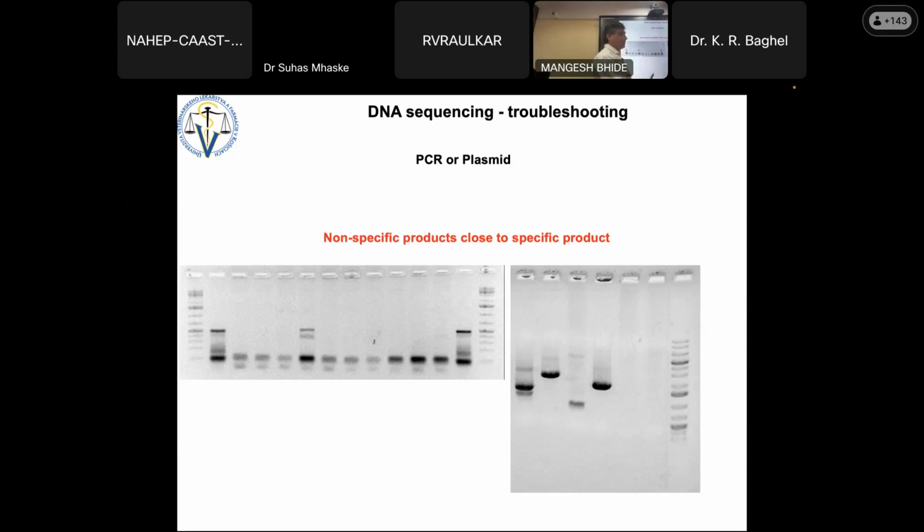For example, this one; they are very close. The non-specific band is very close. So how do you usually send samples for sequencing? Have you sent samples for sequencing? Have you cut from the gel?